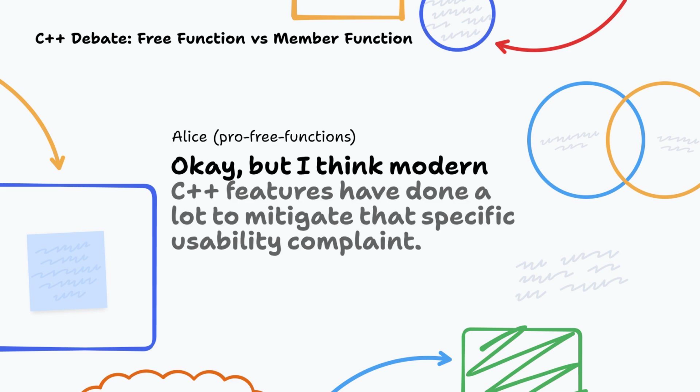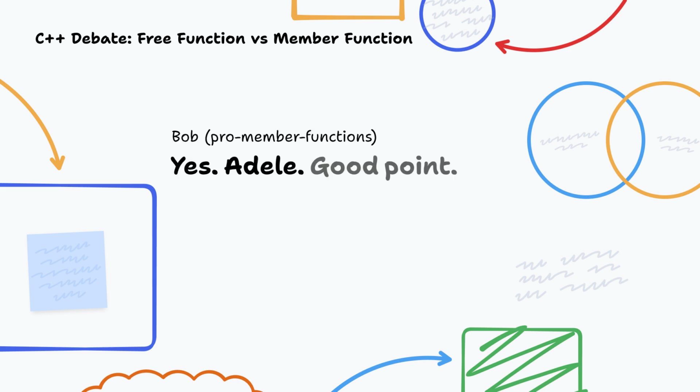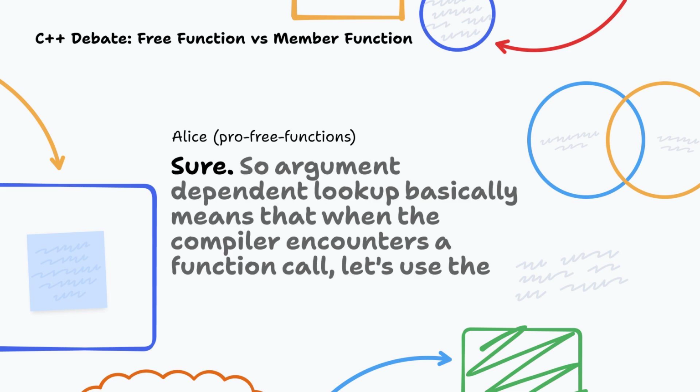Okay, but I think modern C++ features have done a lot to mitigate that specific usability complaint. I'm thinking specifically about argument-dependent lookup, ADL. Yes, ADL. Good point. Maybe let's quickly clarify for listeners why ADL is relevant here. Sure.